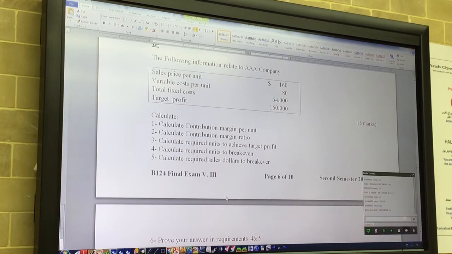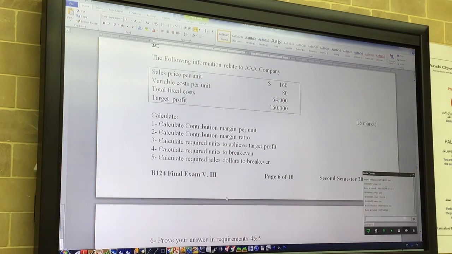Net income at the break-even point must equal 0. So here we need to prepare the contribution margin income statement.